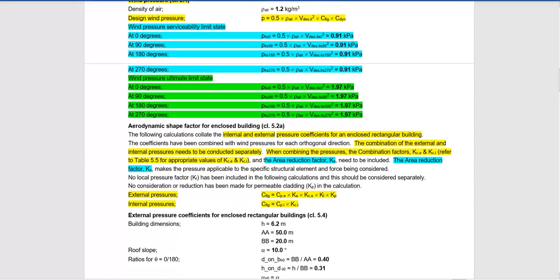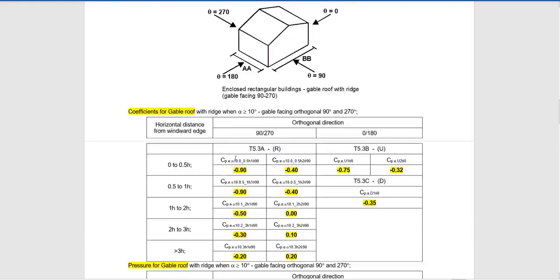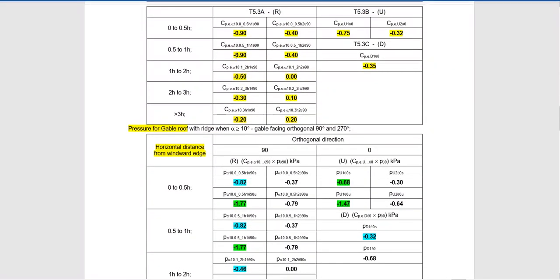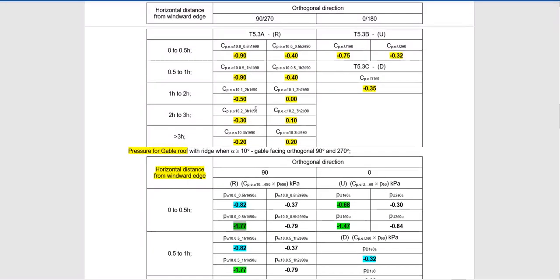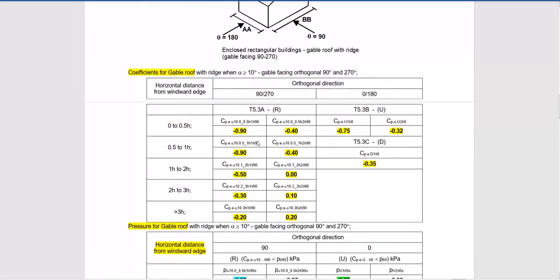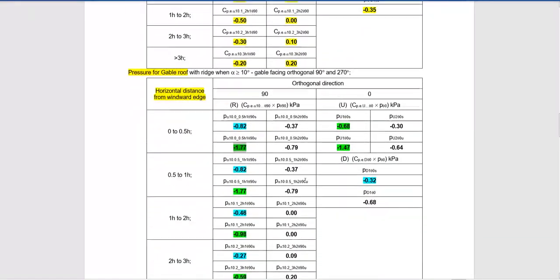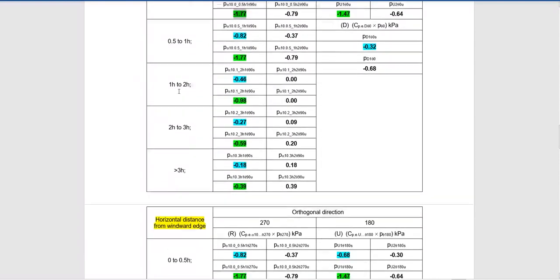You take the value of the ultimate limit state, which is 1.97, and then you multiply by negative 0.90 to get my 1.77. You can try it on a calculator and see. So I've got my roof pressure.